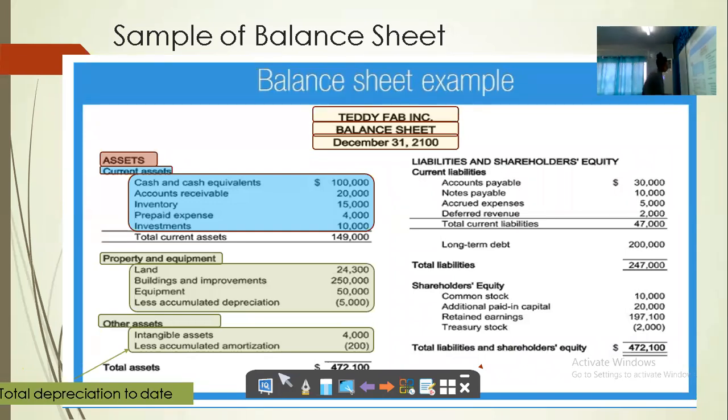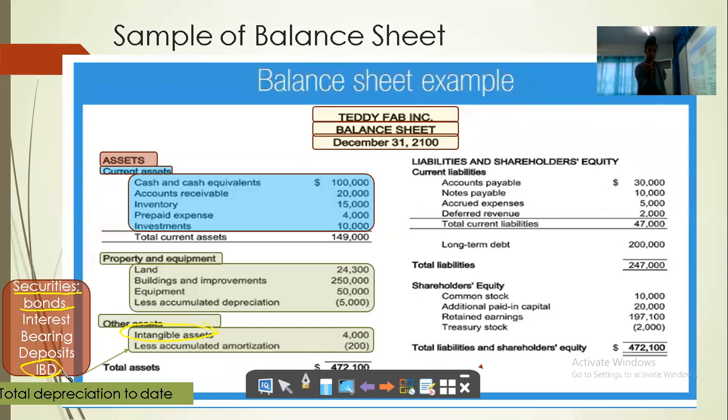Okay, so anything else, something to take note of? You see that there are intangible assets mentioned here as well. This can be securities. You will come across this word securities or bonds, or IBD, interest bearing deposits. Now these are intangible, meaning you cannot touch, taste, feel. You cannot use those five senses.